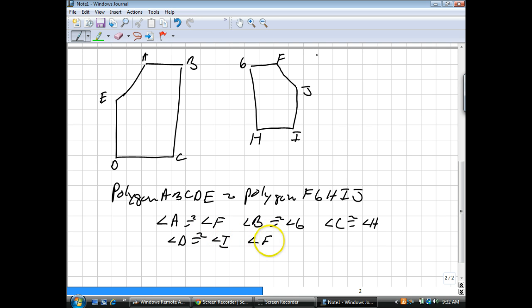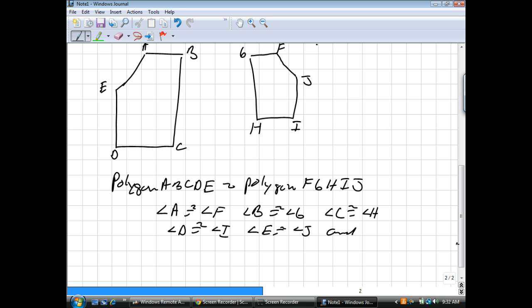And angle E corresponds to angle J, so they must be congruent. And their sides must be in proportion.